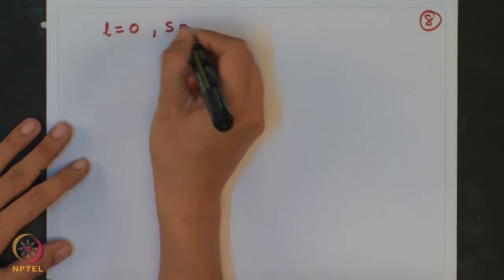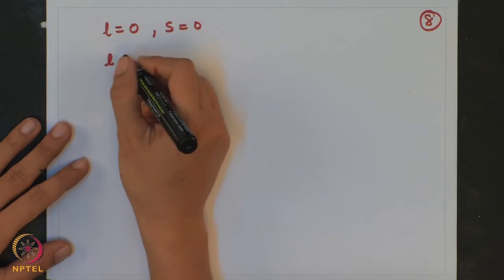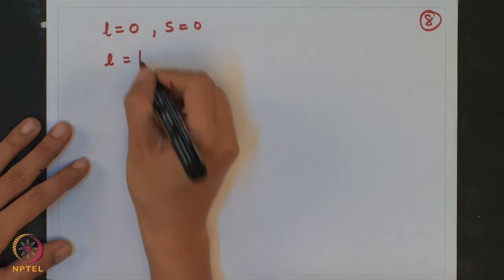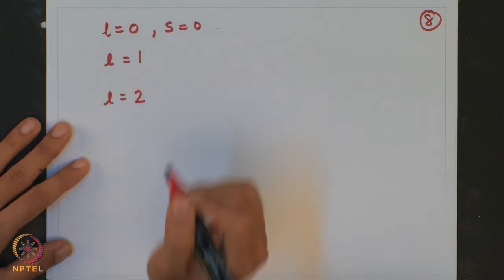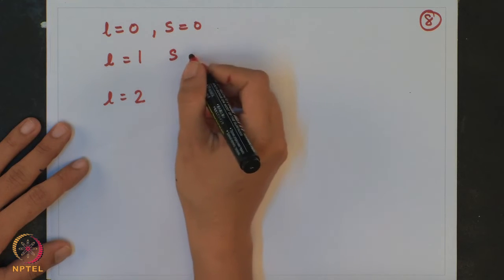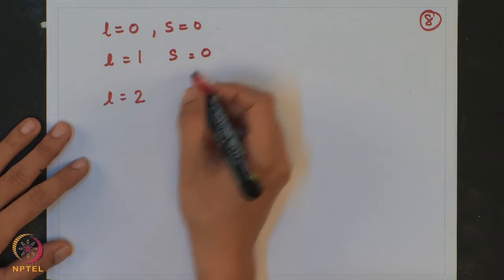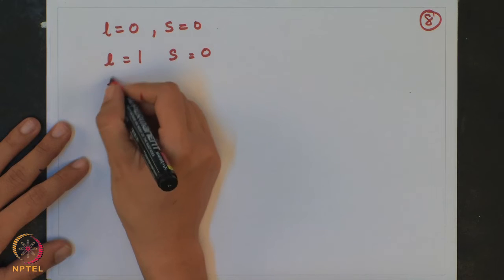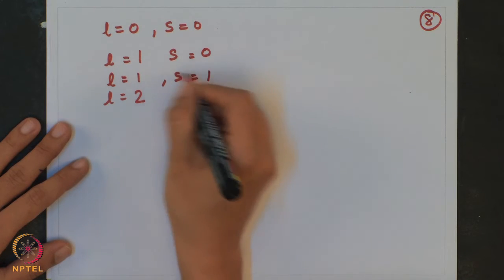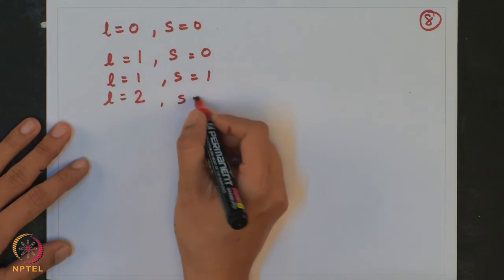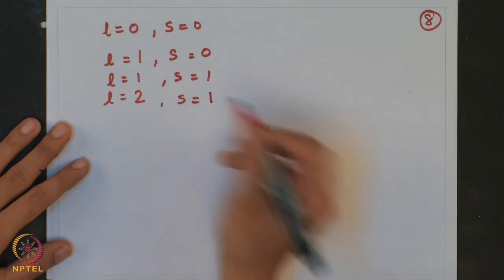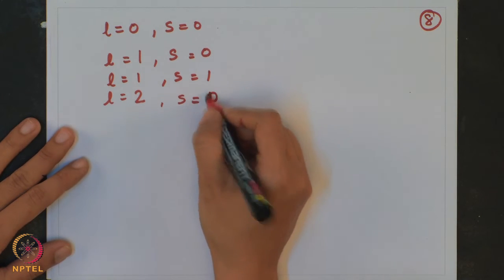So I will have combinations like L is equal to 0, S is equal to 0; L is equal to 1, L is equal to 2 with S is equal to 0 state; then L is equal to 1, S is equal to 1 state; L is equal to 2, S is equal to 1 state.